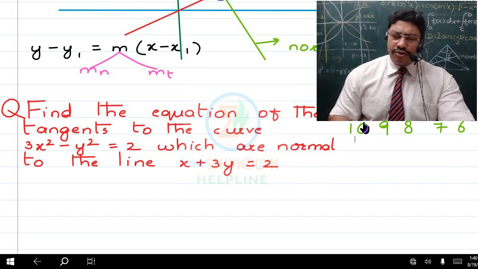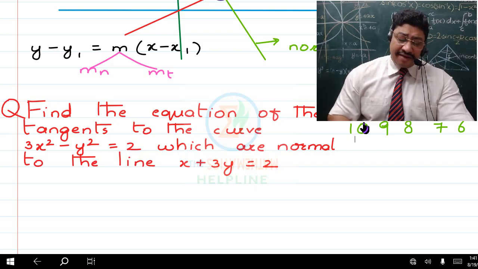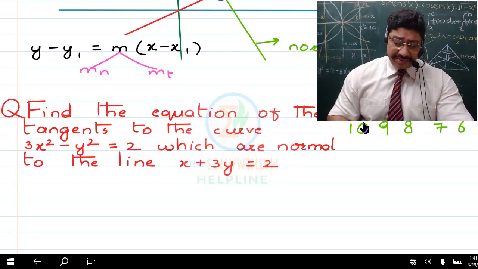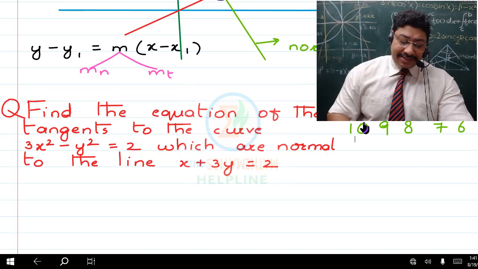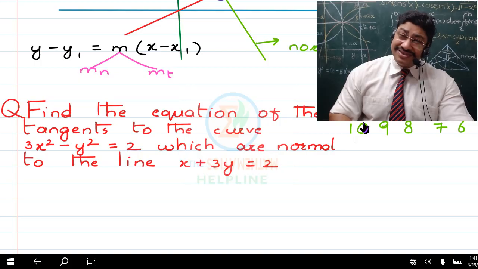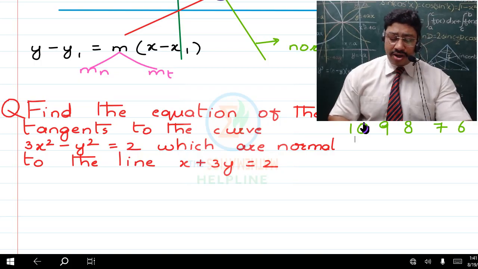We're obviously not going to trace it like that, but even then we should have an idea. If we have an equation, what does it represent? The next thing is that as with x squared we have a positive sign, you can consider that this is a horizontal hyperbola.